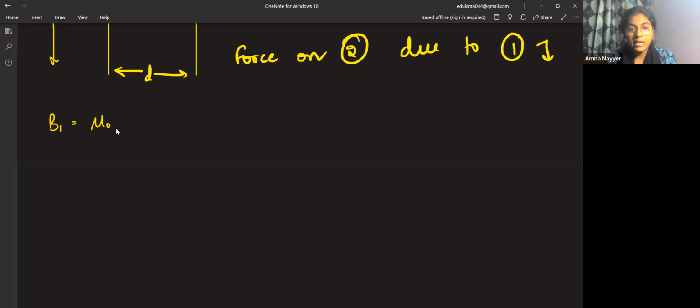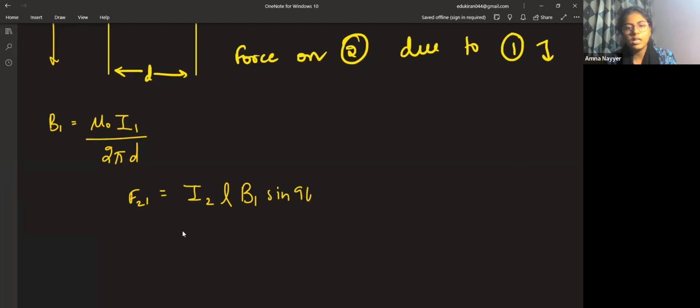It's mu naught I by 2 pi R. For the first wire, we'll use the current I1, so it is mu naught I1 by 2 pi D, where the separation is D. Now the force on 2 due to 1: the length is the same for both, and sine 90 is obviously 1. So this becomes I2 L B1. So F21 is I2 L B1, where B1 from the first wire is mu naught I1 by 2 pi D.